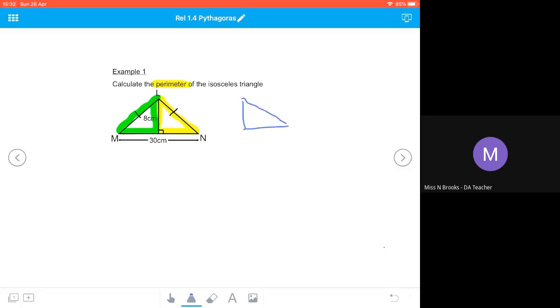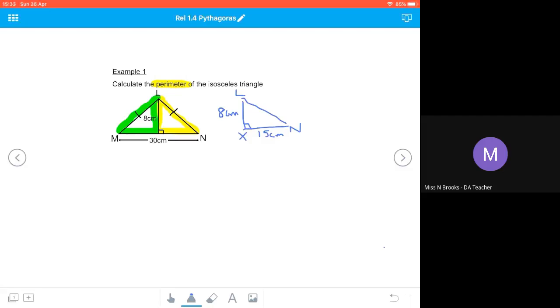and I'm going to choose L, N, and I'm going to call the middle point X of my right-angled triangle. And I know that the height from the X to L is 8 centimeters. And I know that from X to N, if I've got a line of symmetry going through XL, then XN is going to be half of MN, so that's going to be 15 centimeters.